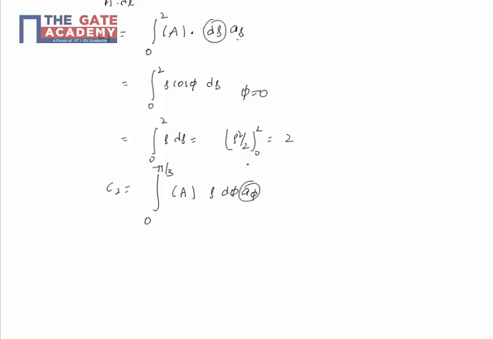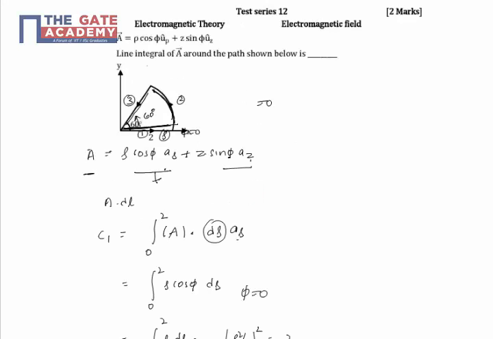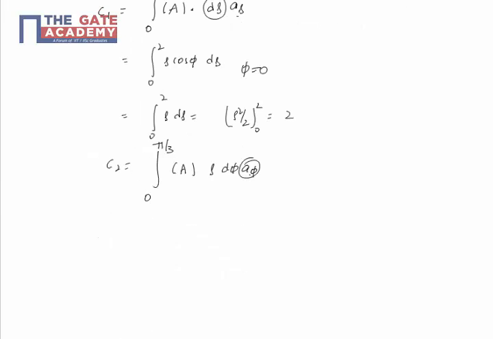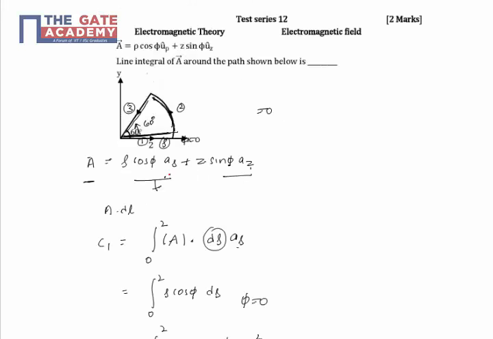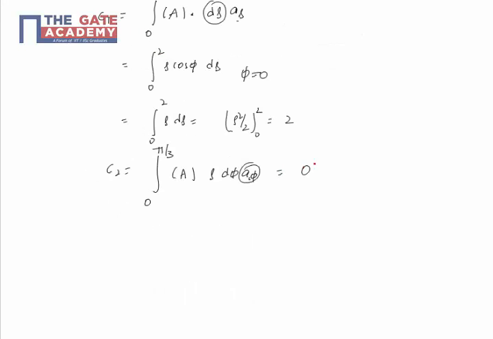Here, if we consider the vector given, the a_phi component is missing. So the dot product of a_phi with a_rho is equal to 0, and similarly the dot product of a_phi with a_z is also equal to 0. So the value will be equal to 0.